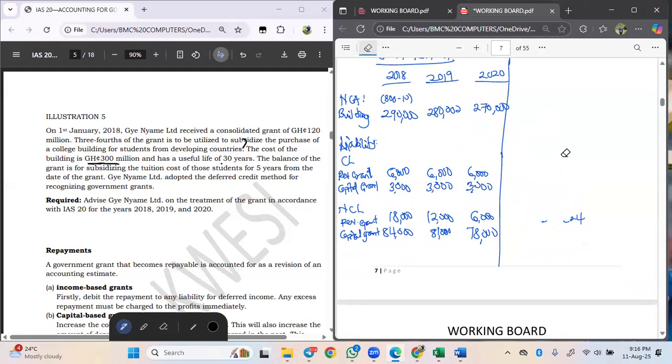But mostly, this is where the challenge is. They will do everything, but to separate current and non-current is the issue. Sometimes people just add the two and write deferred income. But when you are dealing with the standard, sometimes you need to split it for them to know you know what you are doing.